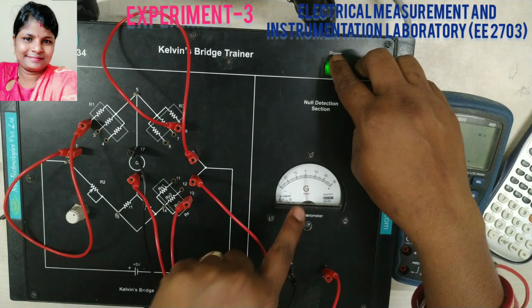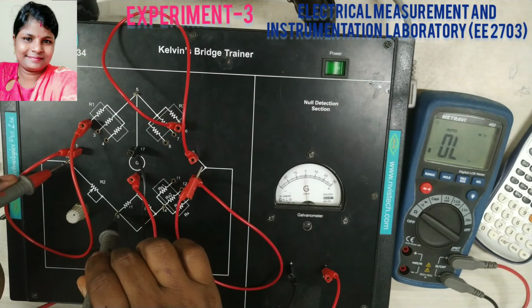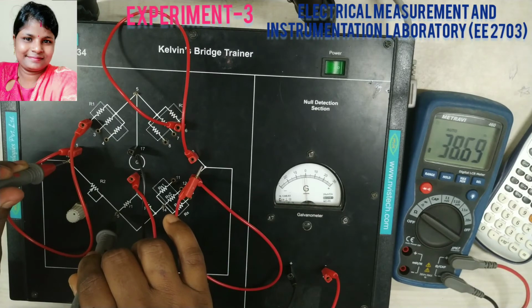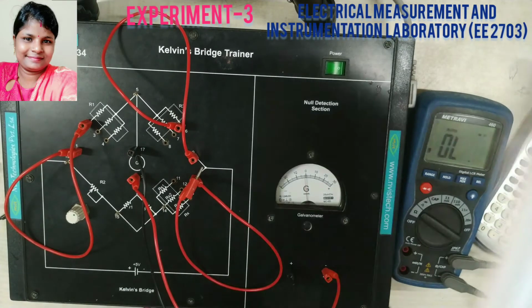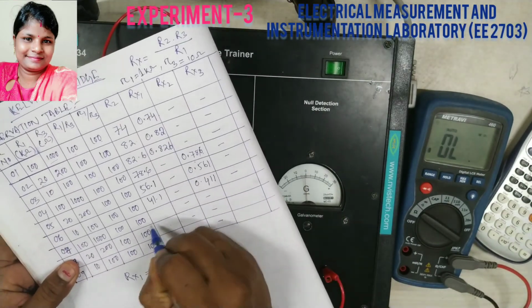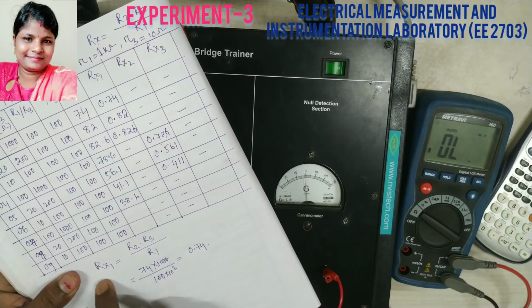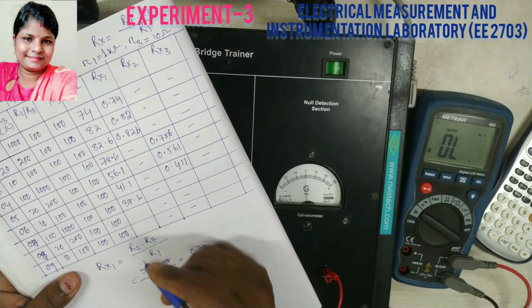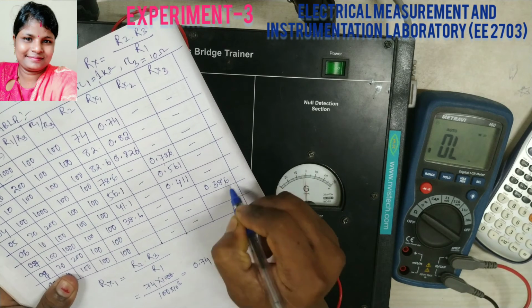So switch off the power, disconnect the wire between 10 to 13 and take the multimeter, connect between the terminals 15 to 16, and the value is 38.6. So write here 38.6. By calculating Rx3, R2 into R3 by R1 using this formula, the value is 0.386.